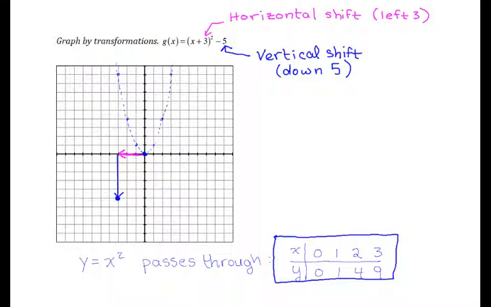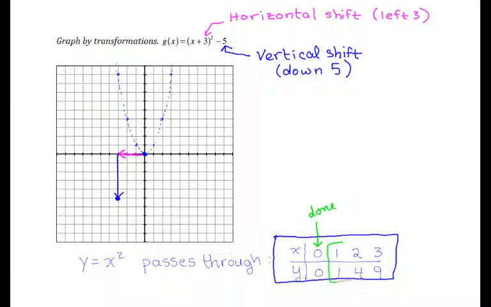So instead of going relative to the origin, I'm pretending that the point where I just plotted my vertex is the origin, and I plot these relative to that point. From that, that's my new (0, 0).